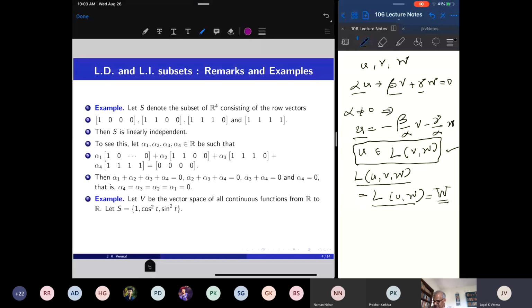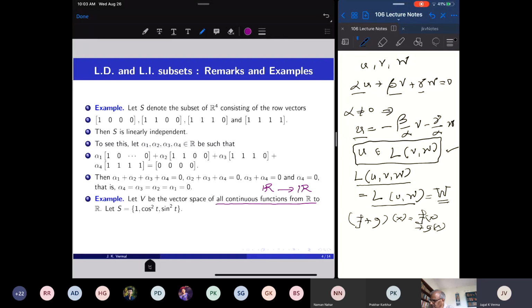Now let's look at a different kind of vector space. Look at the vector space from R to R: all real valued continuous functions from R to R. And we saw last time that this is a vector space under addition. If I have 2 functions f and g from R to R, I can add them by this formula that you are used to from calculus.